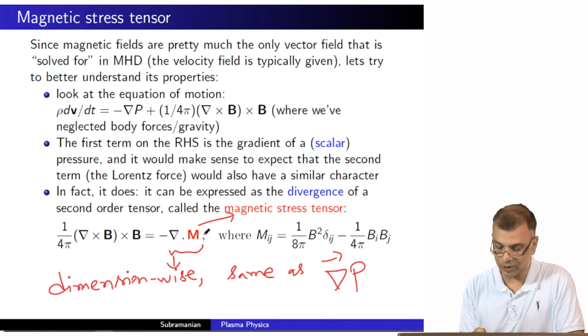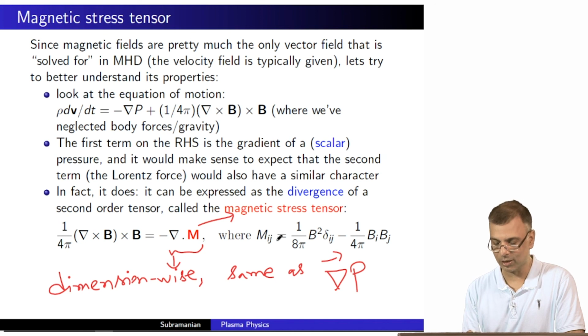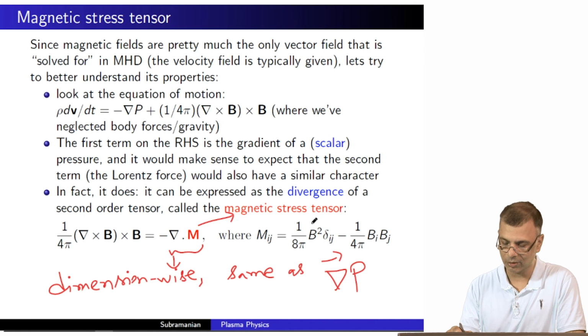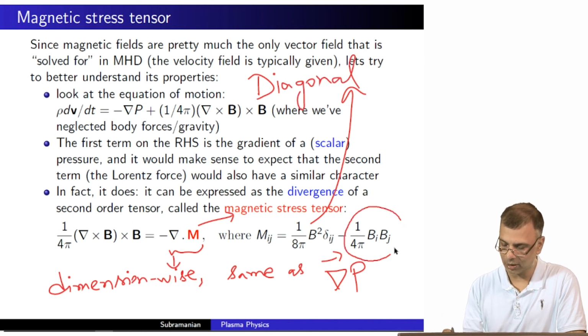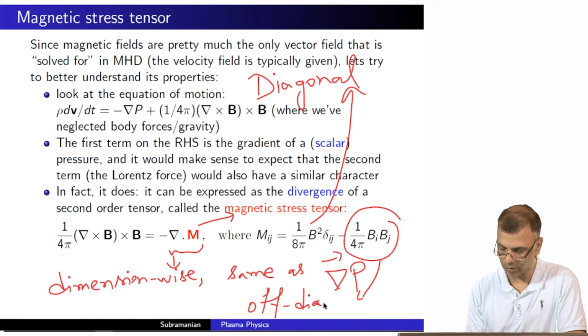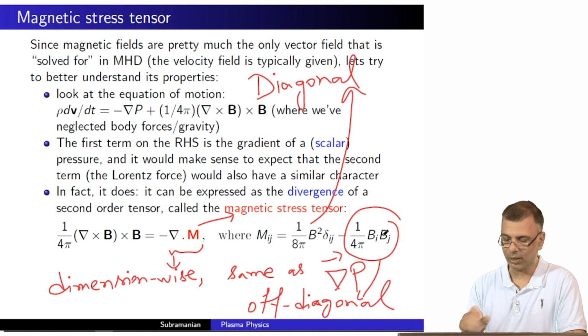And the ijth element of this tensor is given by 1 over 8 pi B squared delta ij. So these would be the diagonal terms, and these would be the off diagonal terms, the Bi Bj.